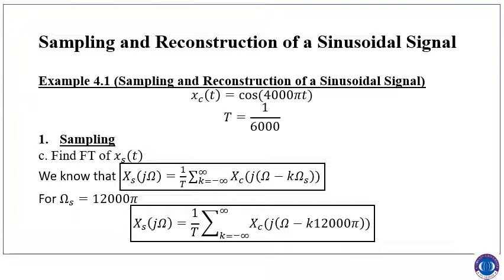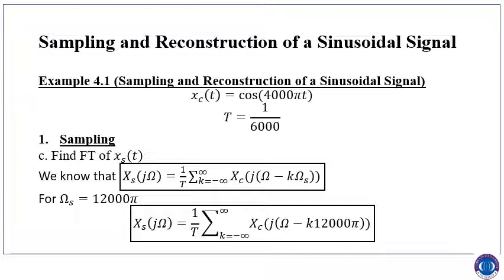Because 1/2π comes from the formula, and 2π/T is the area under the impulse. If the amplitude of Xc(jω) is 1, then 1/2π times 2π/T becomes 1/T times the summation of the copies Xc(j(ω minus kωs)).